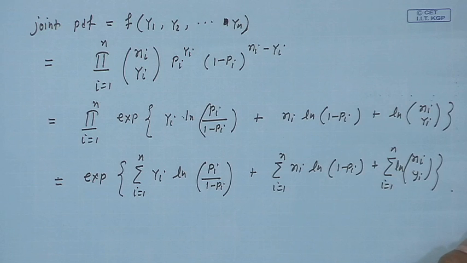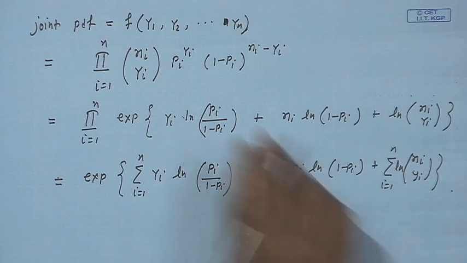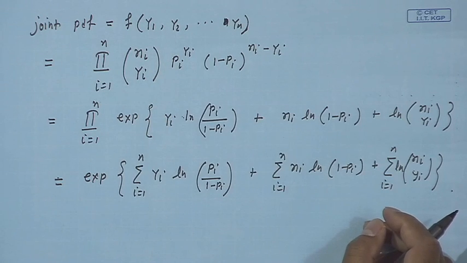Okay, so this is the joint PDF of the observations we have, which are from the binomial distribution.